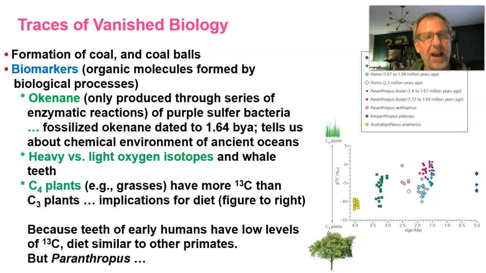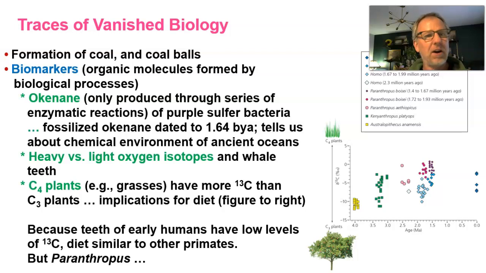Okanane is an example of a biomarker that's only produced through a series of specific enzymatic reactions in purple sulfur bacteria. So it's very specific that these organic markers are only made by purple sulfur bacteria.